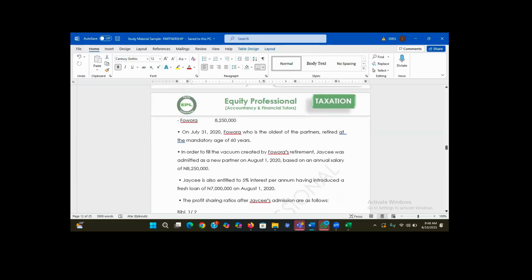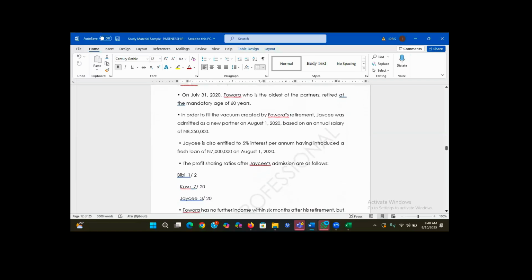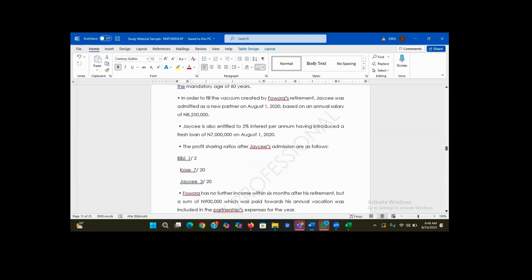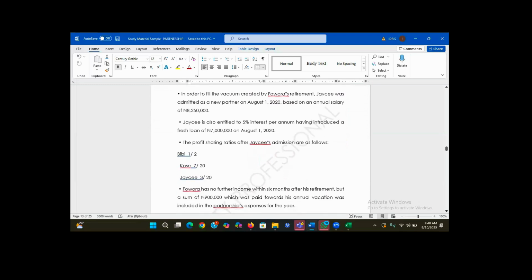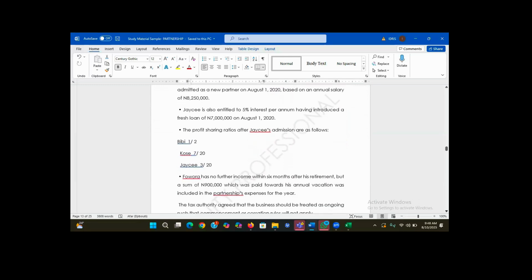JC is also entitled to 5% interest per annum, having introduced a fresh loan of 7 million on August 1, 2020. The profit sharing after JC's admission are as follows: BB 1/2, Kose 7/20, JC 3/20.